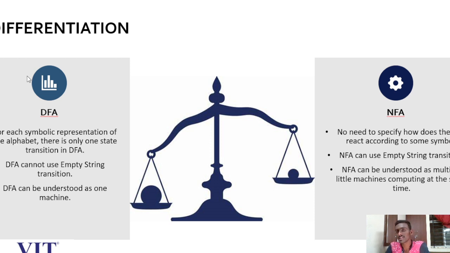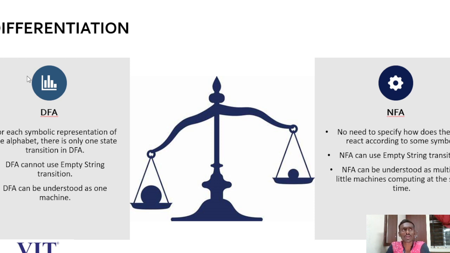So NFA, let us see the differentiations of NFA. No need to specify how the NFA reacts according to some symbols. NFA can use empty string transitions. NFA can be understood as multiple little machines computing at the same time. So NFA is very preferable as compared to DFA.